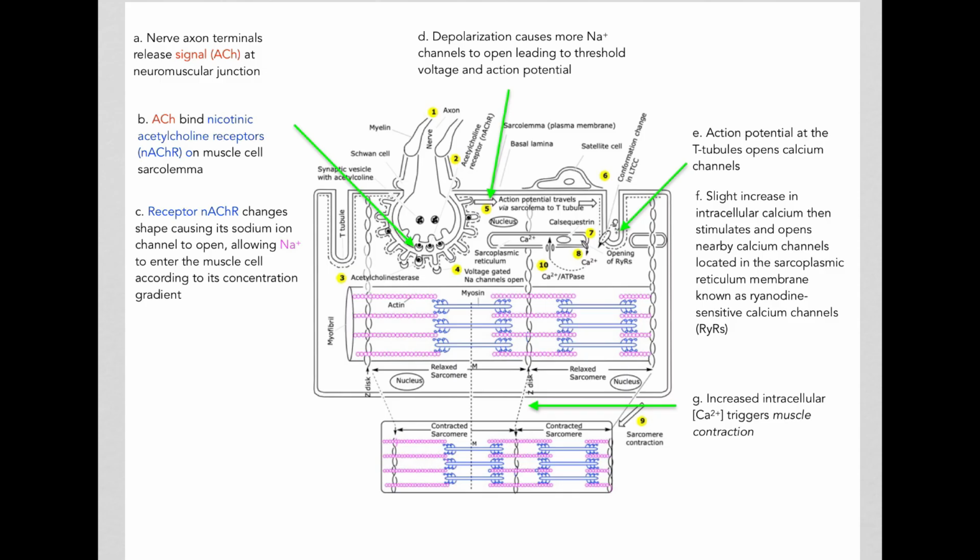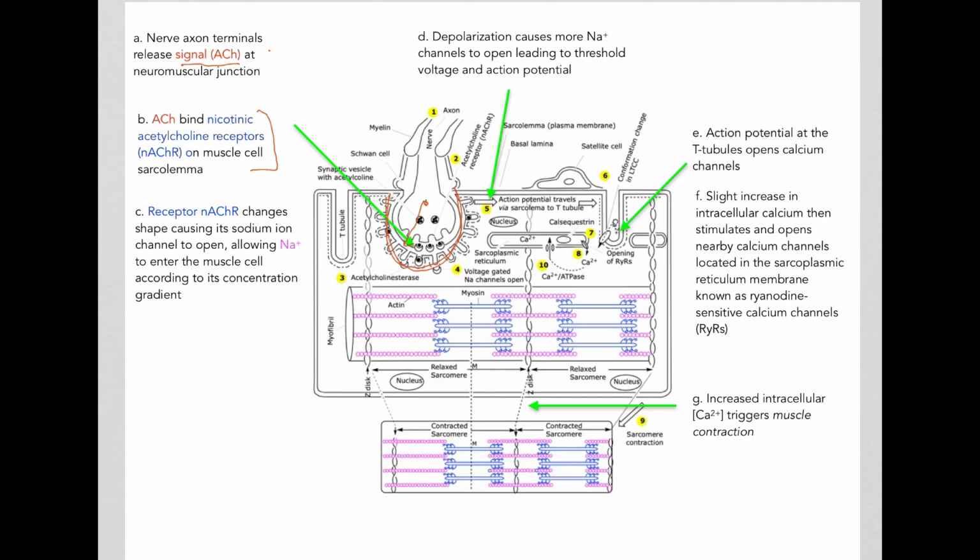What we have is the neuromuscular junction, and the nerve here sends out a signal called acetylcholine, and this signal will bind to the nicotinic acetylcholine receptors present on the muscle cell, the plasma membrane of the muscle cell.